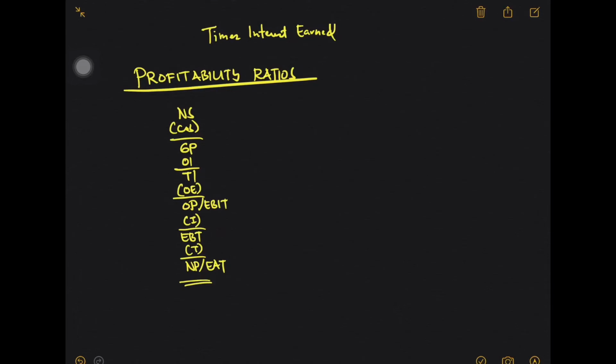And what you will do is get gross profit and divide it by net sales. Same with your operating profit and net profit.